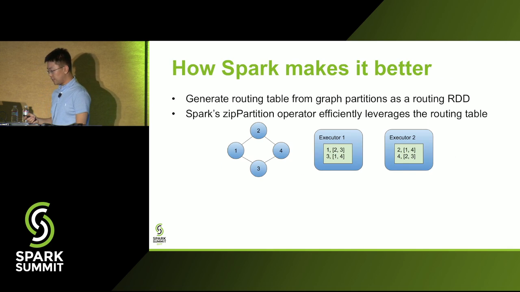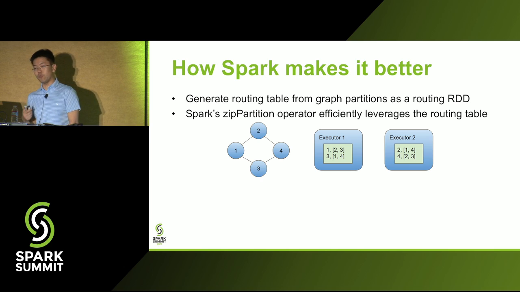So facing these issues, we found out that Spark's zip partition operator provides the perfect solution here. If 2 RDDs share the same partitioner, Spark's zip partition operator will co-locate the corresponding partitions from both RDDs.